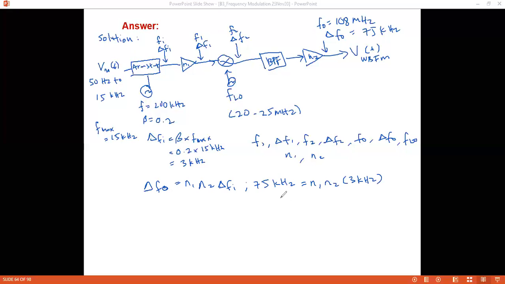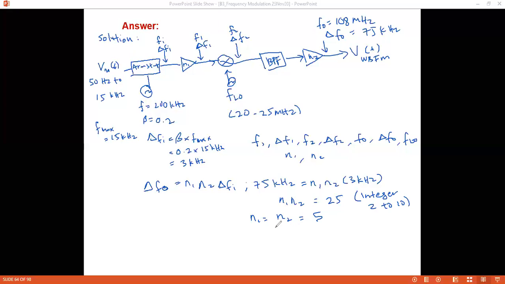So our N1 and N2 should be 25, 25 divided by 3. If you remember in the question, it says that N1 and N2 should be integers between 2 to 10. So obviously from here, our N1 and N2 should be equal to 5. This is the only possible integer that fulfills our condition here.